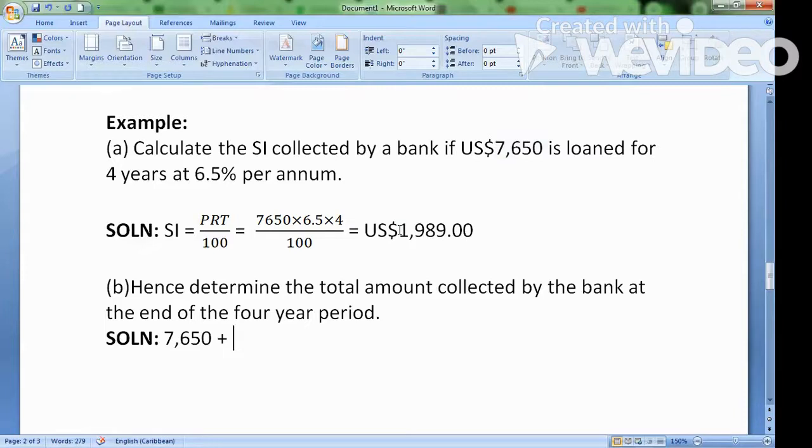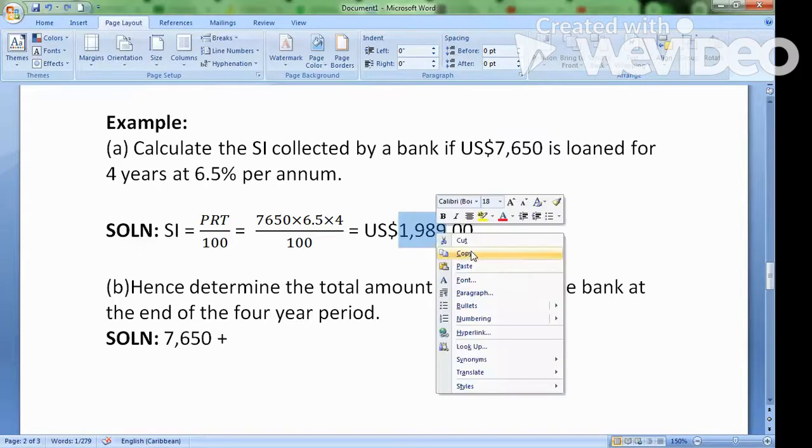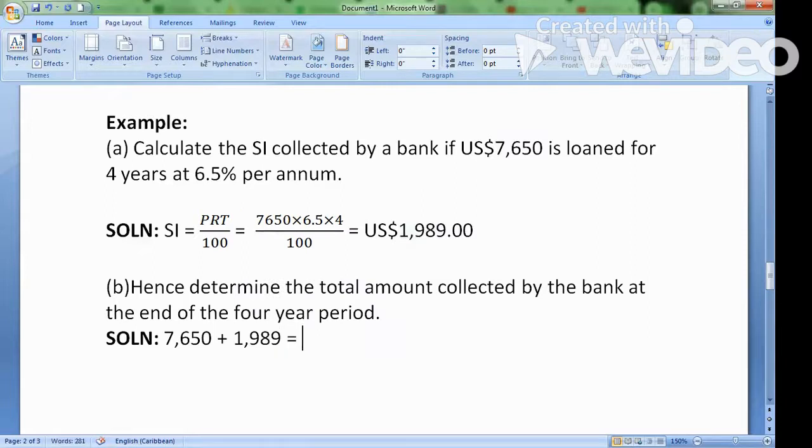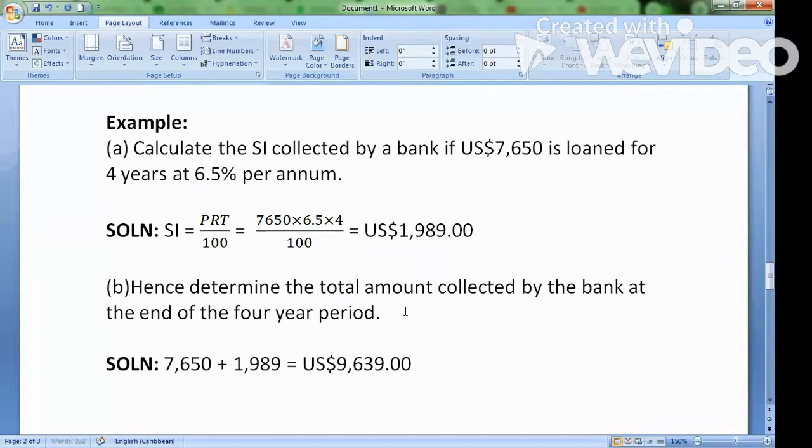So plus the interest. And what is that? $9,639. Check, someone, if it's correct. Yeah, I checked it, so it's correct.